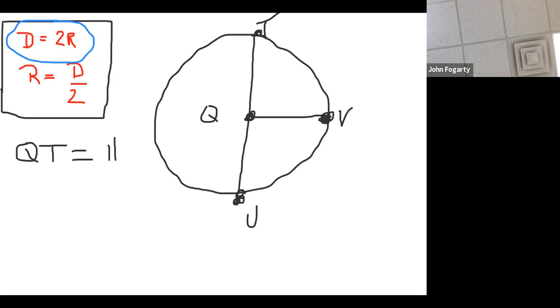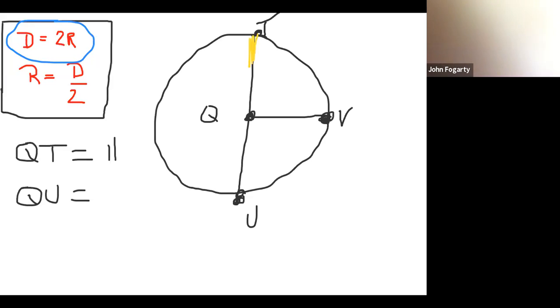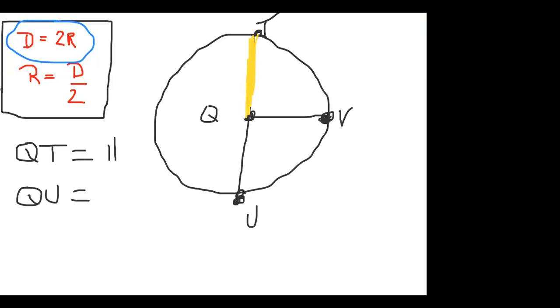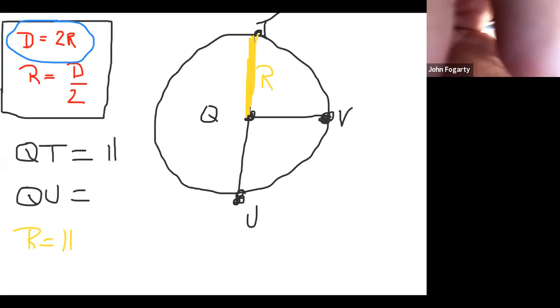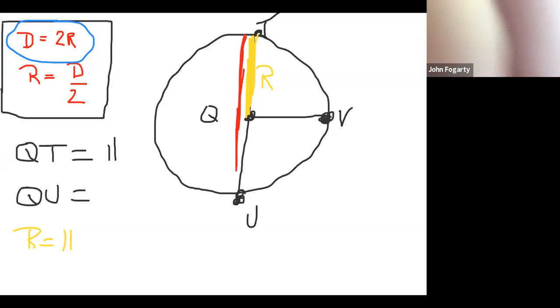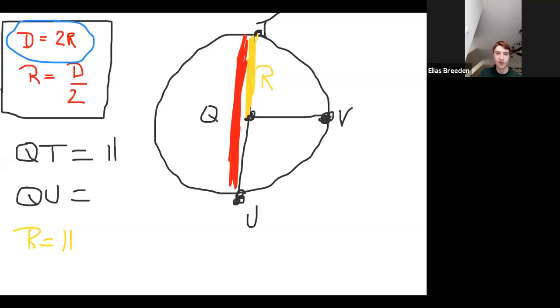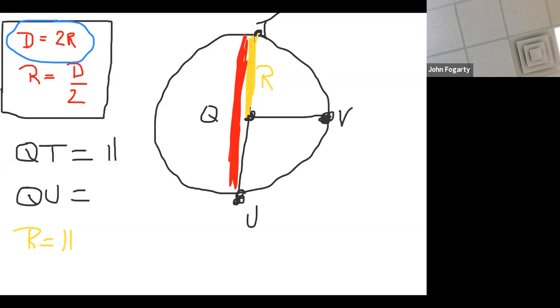And they want to know what QU is. All right. Well, QT is where? Right here, yes? Radius. So that's a radius. So really what they're telling you is that R equals 11. Now, they want you to tell them what QU is. Well, where's QU? Well, what is QU? Another radius. QU is another radius. So what do we got?